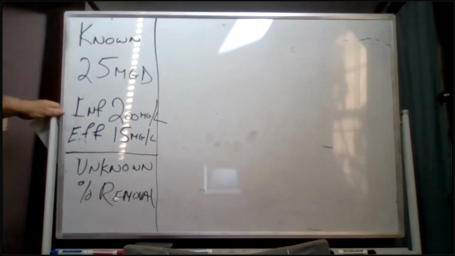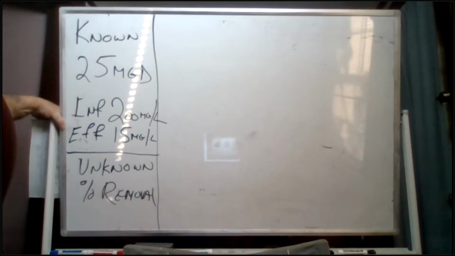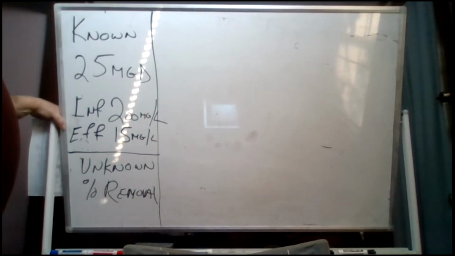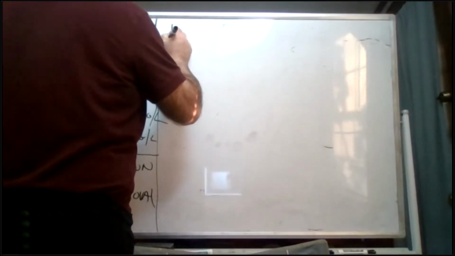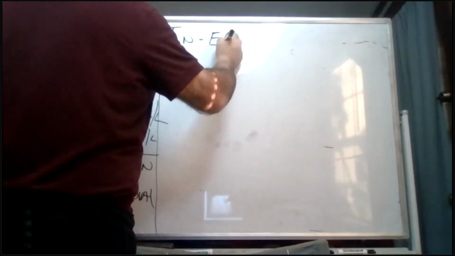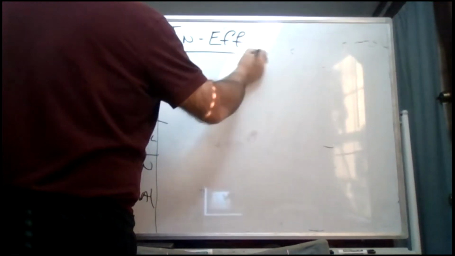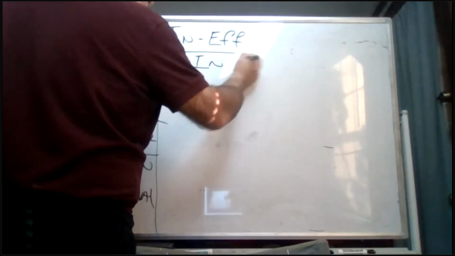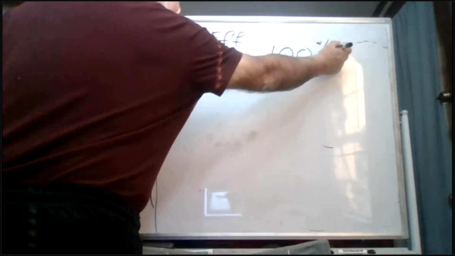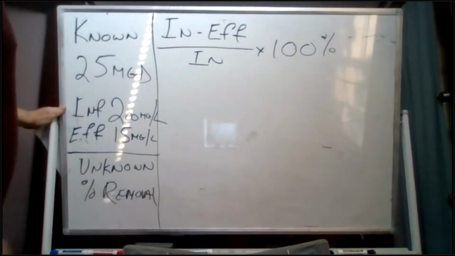Percent removal. I remember the formula because it's tattooed in my brain. You guys might not know that, and you could probably look it up on that ABC sheet. I don't have to, so I'm going to write the formula out here. Influent minus effluent over influent times 100%, and that's going to get you the percent removal.